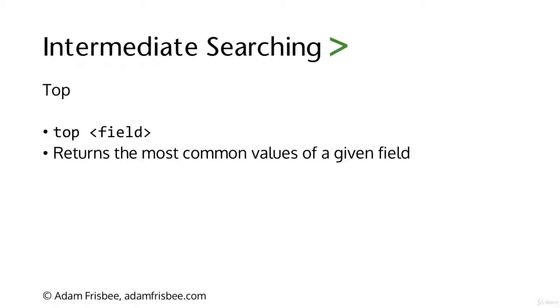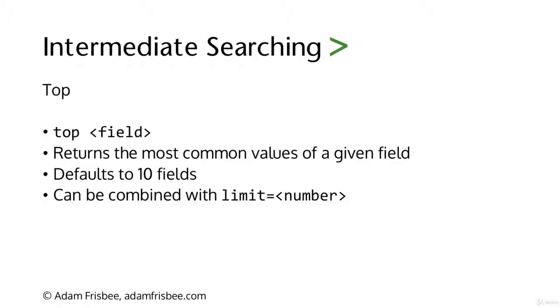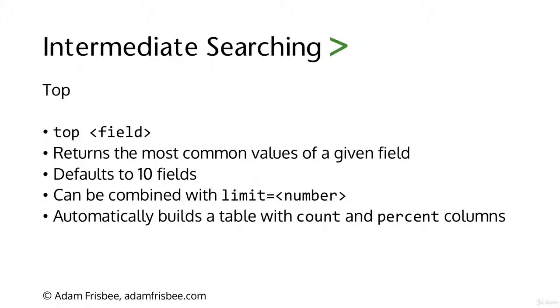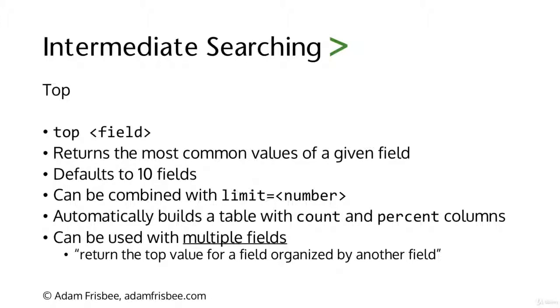It returns the most common values of a given field, defaulting to 10, but you can combine it with a limit number if you need more than 10. It automatically builds a table with two other columns, count and percent. It can be used with multiple fields, which makes top a very powerful command. So we could return the top value for a field organized by another field, for example.